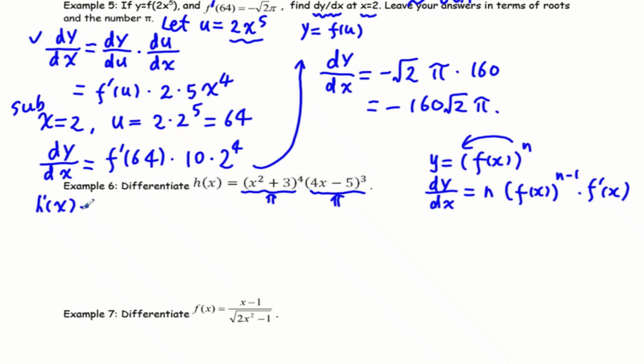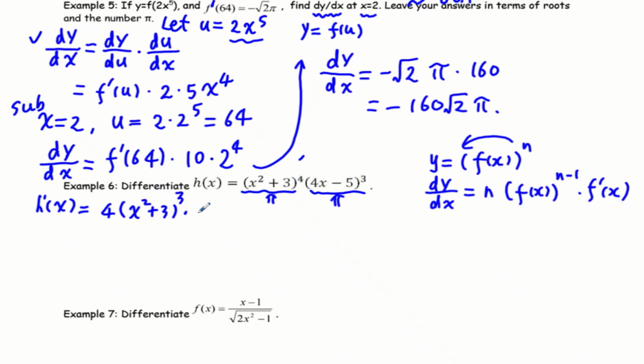So it equals the first thing's derivative. For the first thing's derivative, we use this one, bring the exponent to the front, then exponent minus 1, the base doesn't change at this point. And after that, we need to do the derivative of the base.